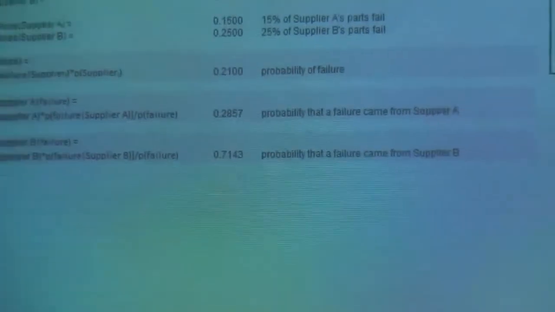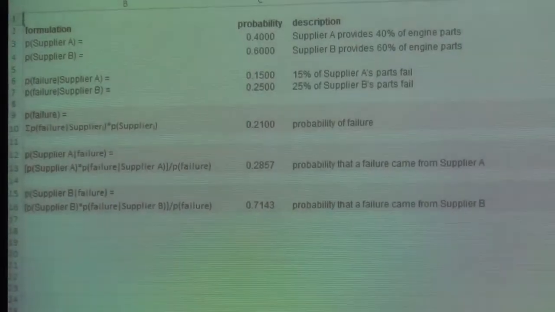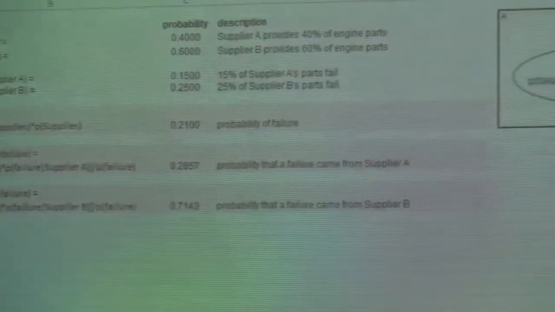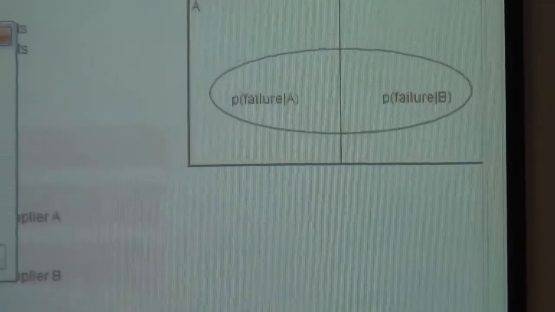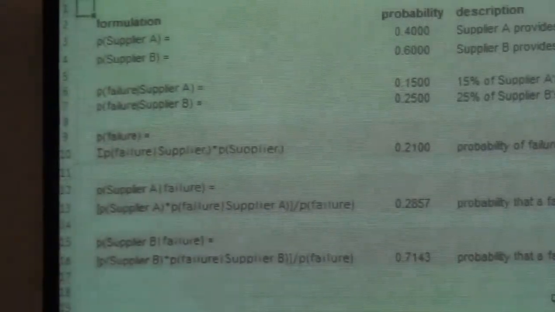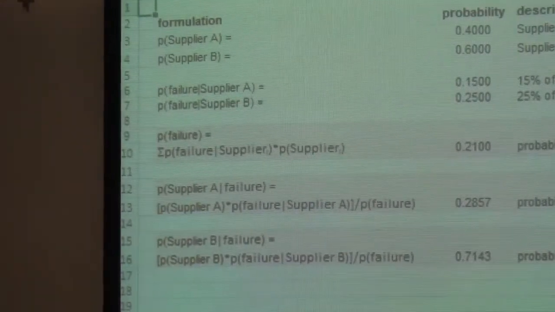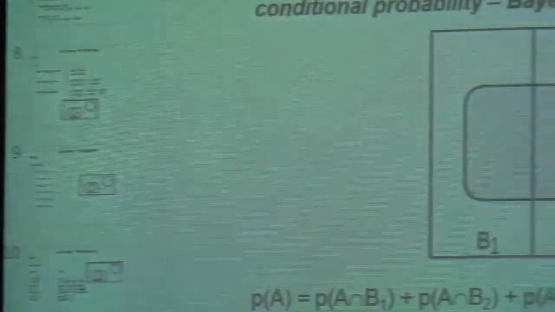All right. Okay, well, let's take a look at Bayes' theorem. So let's go take a look at B for a minute.